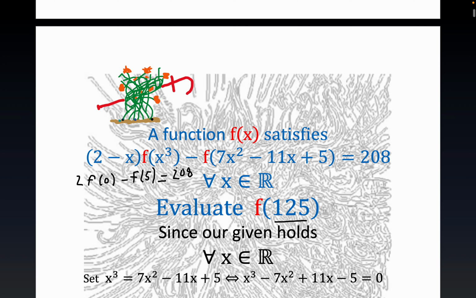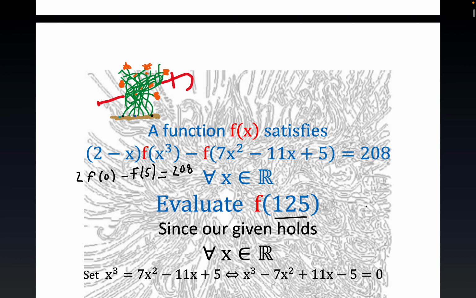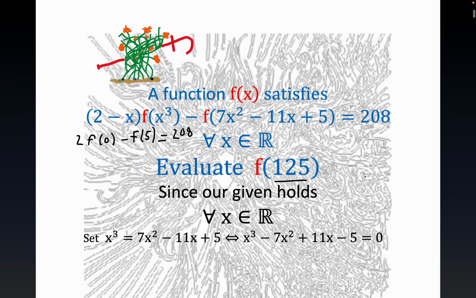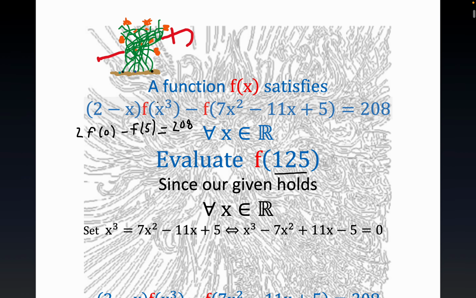So what we're going to do is take the only thing that's concrete here, x cubed and 7x squared minus 11x plus 5, and turn that into an equation and see if we can solve it, because any solution to that equation would have to be tested in the expression up here. So I equated x cubed, which is the input to f right here, with 7x squared minus 11x plus 5, which is the input to the f right here.